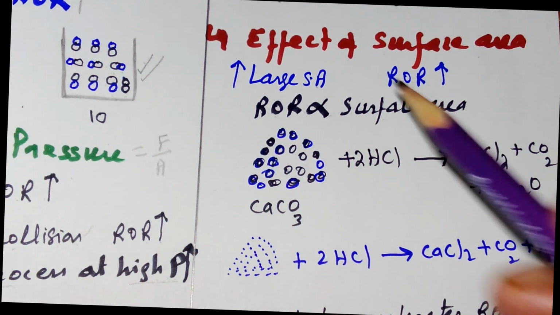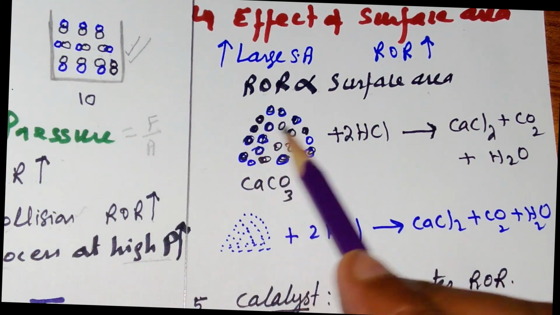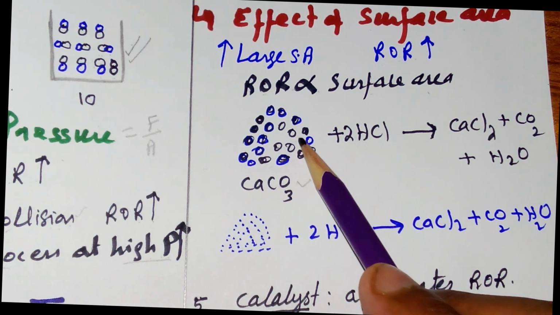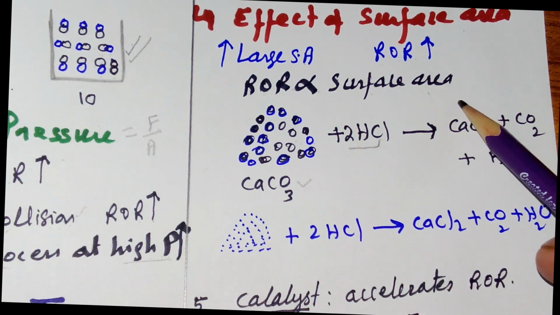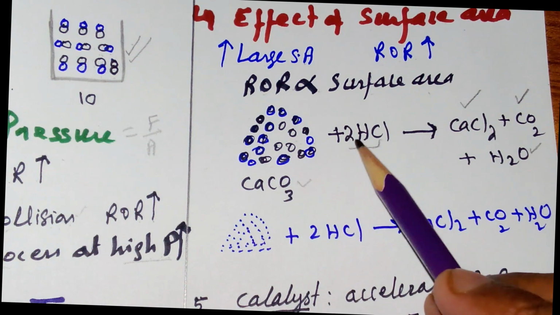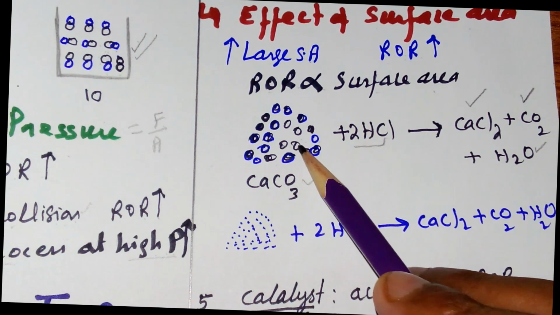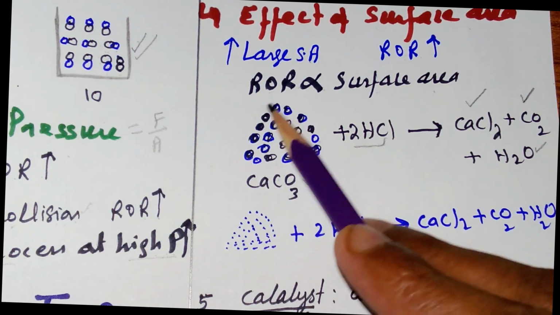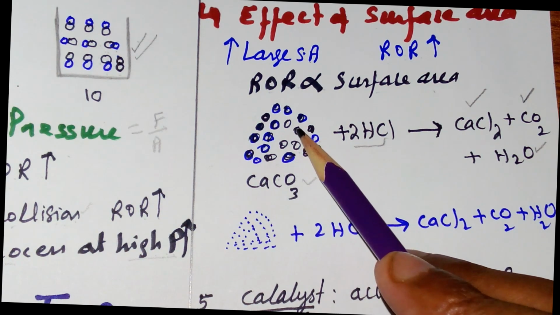Now take an example. If I have very large pieces of calcium carbonate and make them react with HCl, they form calcium chloride, carbon dioxide gas, and water. But this reaction is very slow because of the larger size of the calcium carbonate, which does not have a large surface area.